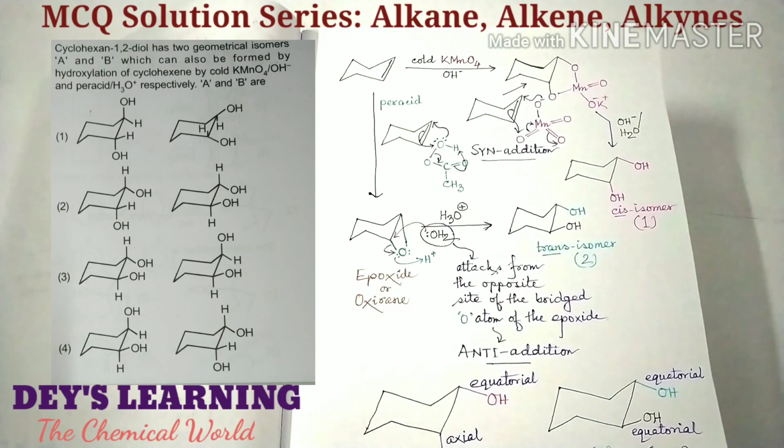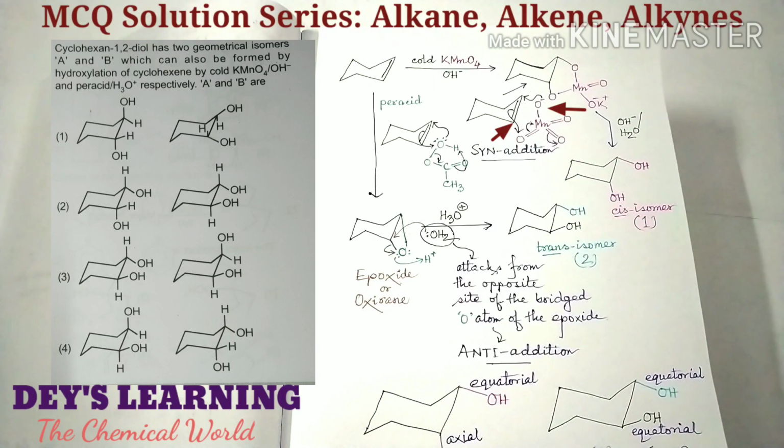Now look at here, when the cyclohexene molecule is treated with cold KMnO4, this manganate ester is obtained, and of course we know this is a syn addition process because the negative oxygen of MnO4 minus attacks from the same side as the double bond attacks the double bonded oxygen attached to manganese.